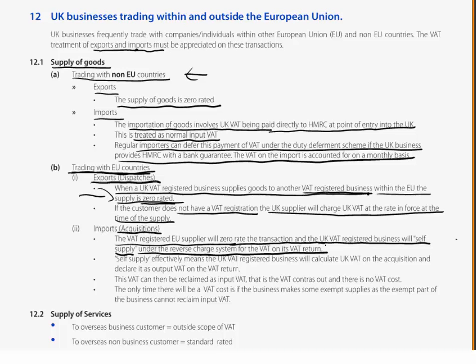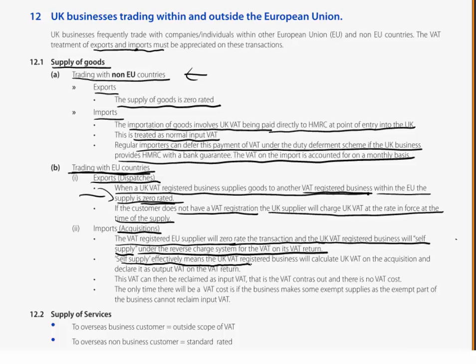Instead, on the VAT return for the period in which that import, or rather acquisition, occurs, we will record the amount of VAT on our VAT return in relation to that purchase as output VAT. So we don't actually have to pay HMRC, we can just put it in as a bookkeeping entry. It will go in as output VAT.